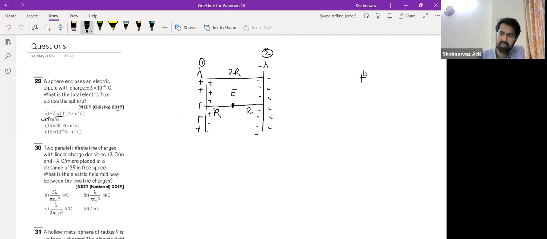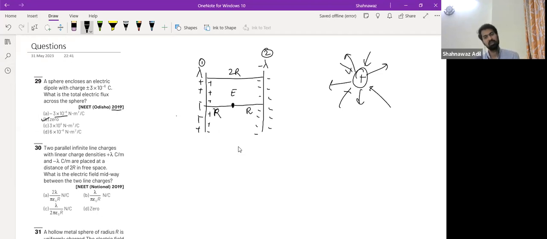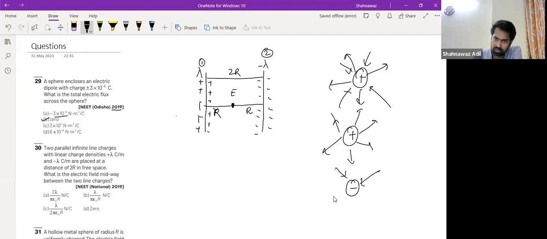For positive charge, the electric field lines are going away or coming towards the charge? For positive charge, is it like this or like this? Which one is correct? For positive charge, this is outgoing, right? And for the negative charge, it is incoming.